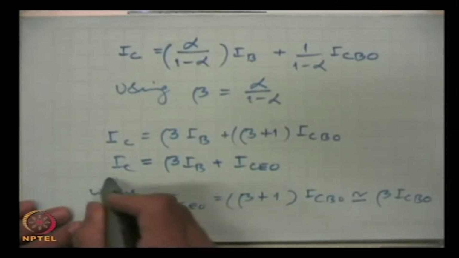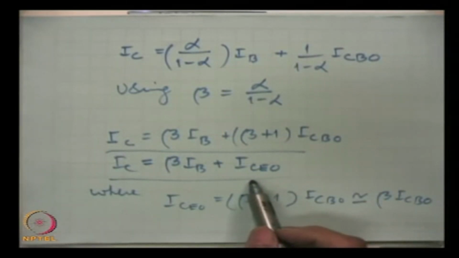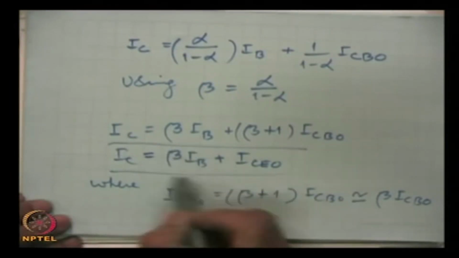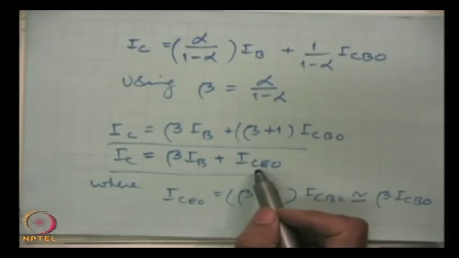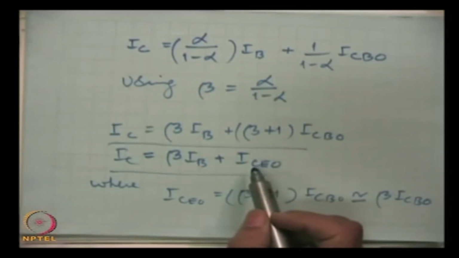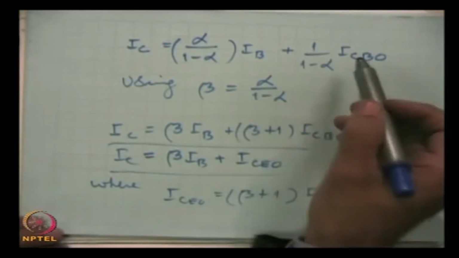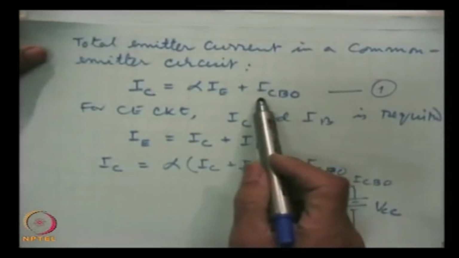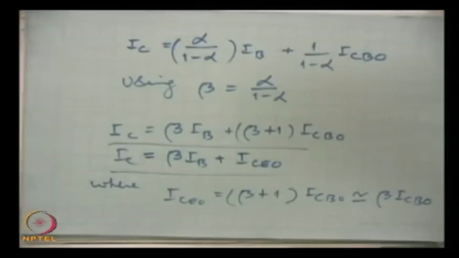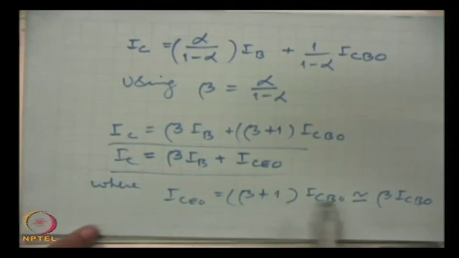This is something significant that we have talked about earlier, that the useful current is only this part. This part is a parasite, does not play an important role, but now in the common emitter circuit this becomes much higher. In the common base circuit it was simply ICBO, but in the common emitter circuit, which is under discussion at the moment, this is amplified by beta times.